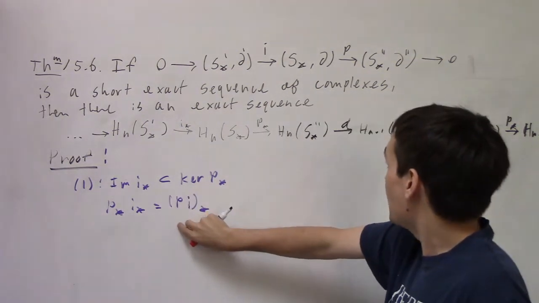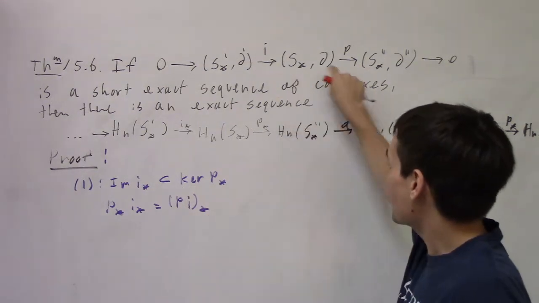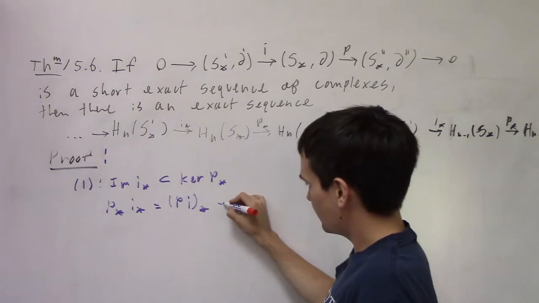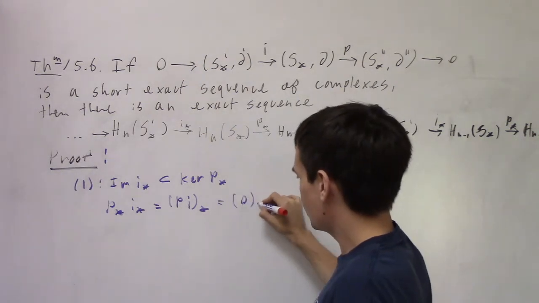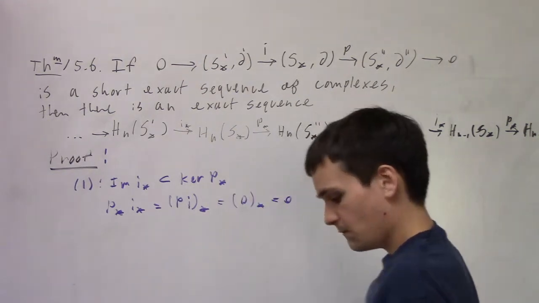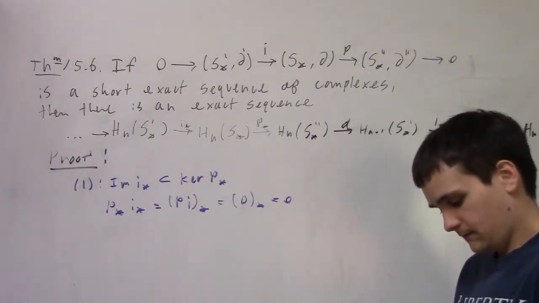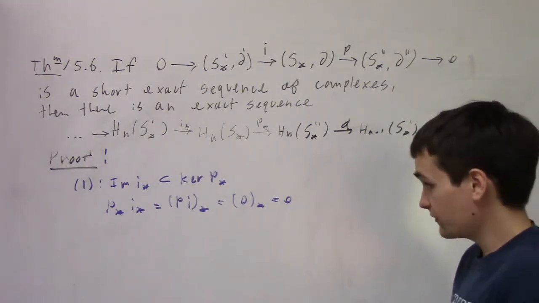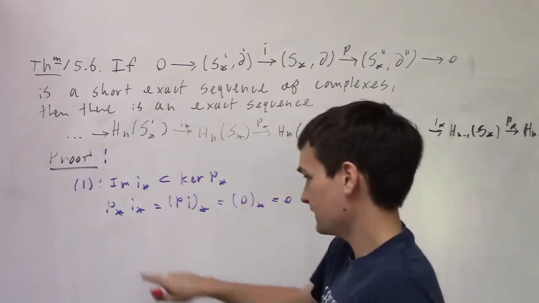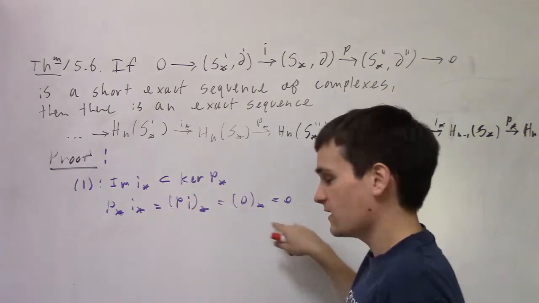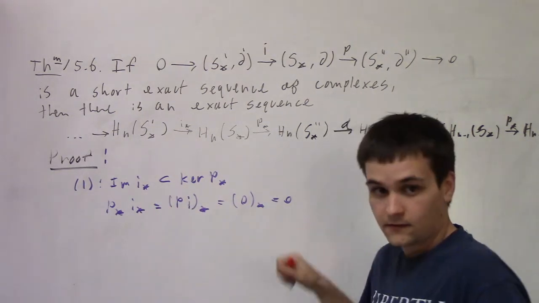And by the fact that this is exact, this composition has to be 0. So this shows us that the image is contained in the kernel, since when we apply this map to the image of this homomorphism, we get 0. Does that make sense?